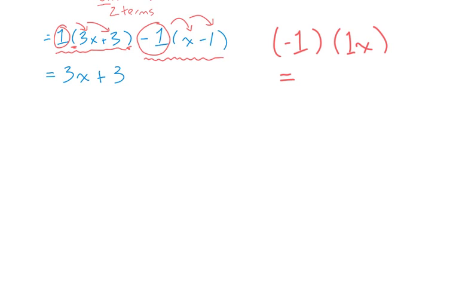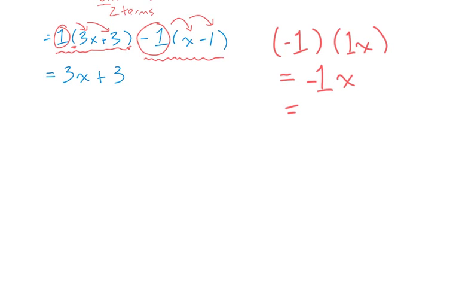You're going to take -1 and multiply it by the 1 that's in front of the x. So 1 times 1 is 1. When you have a negative number multiplied by a positive number, that becomes negative. The x stays exactly the same. You do not touch it. Now, this looks kind of awkward.